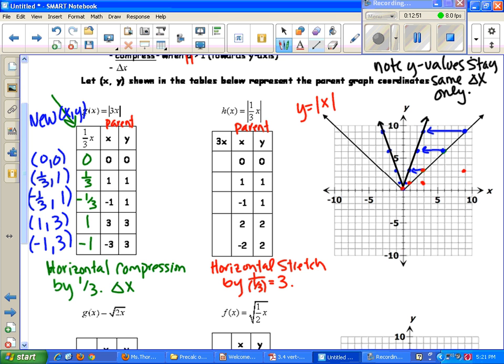So then I would do the corresponding points on the other side. So this is going to be negative 3, because negative 1 times 3 gives me negative 3. And this point right here would be negative 3 times 3, which would give me negative 9 going there. So now if I draw in my graph, I have my absolute value shape going this way.